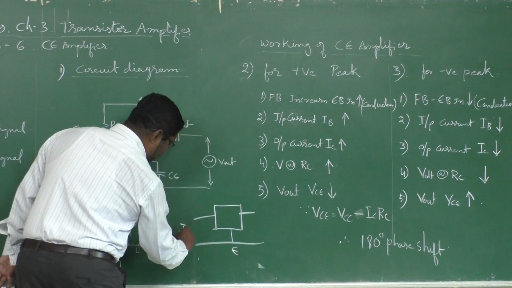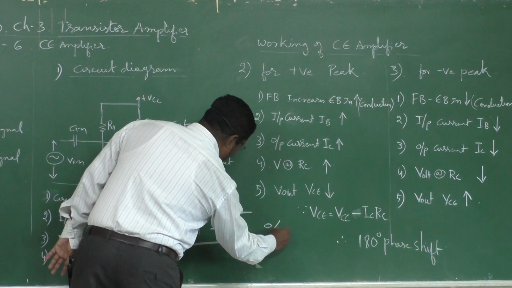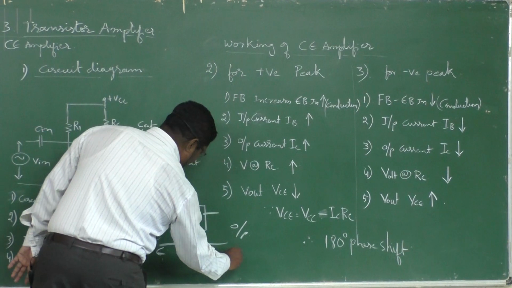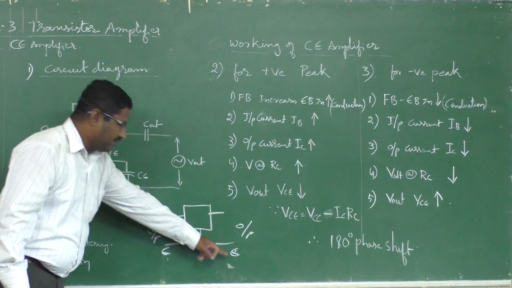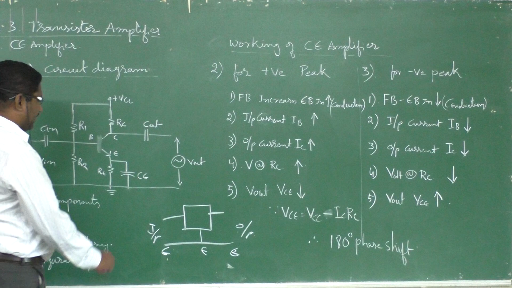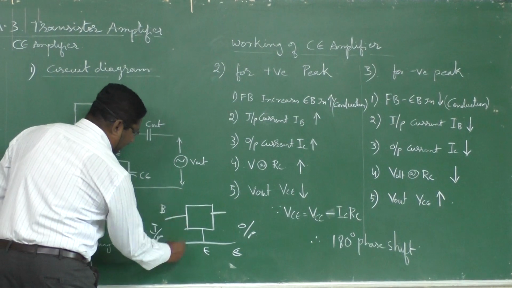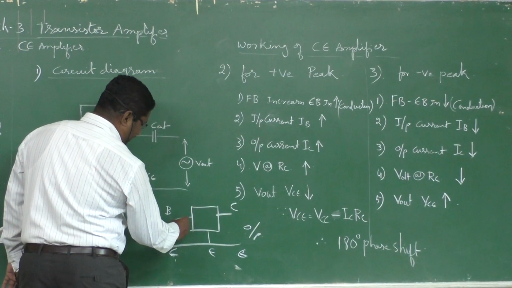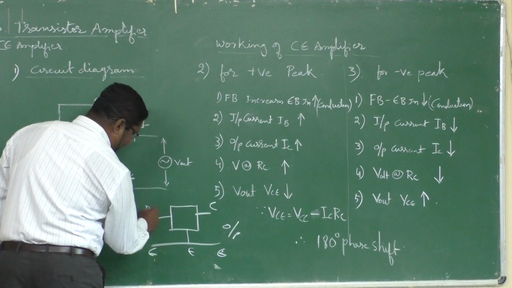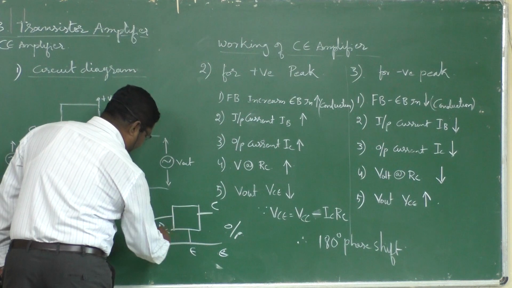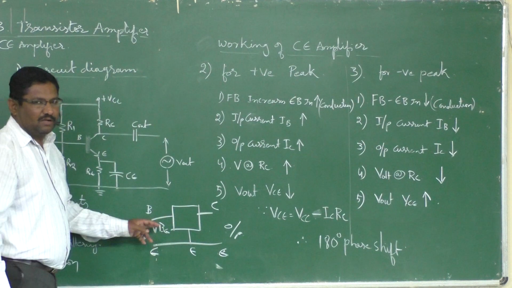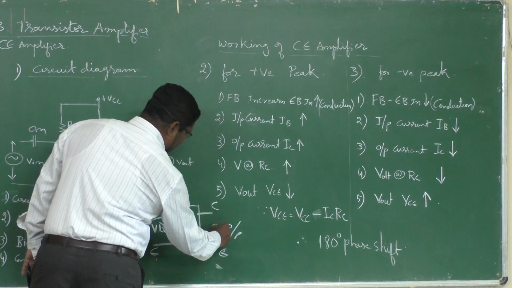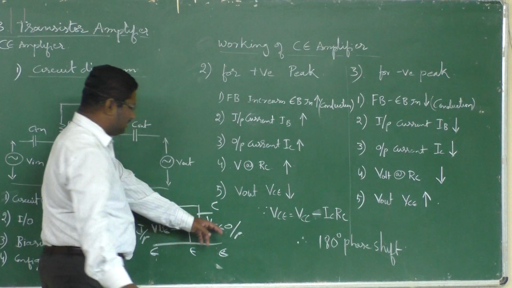With respect to input and output, the input is between base and emitter, and the output is between collector and emitter. So VBE is the input voltage, and the output voltage is across the collector and emitter, VCE.